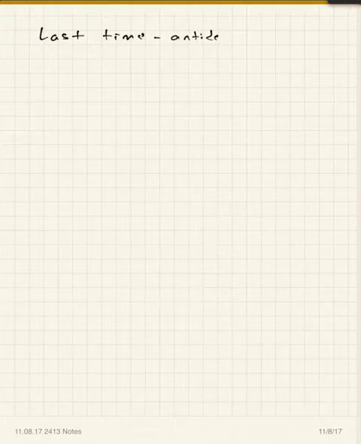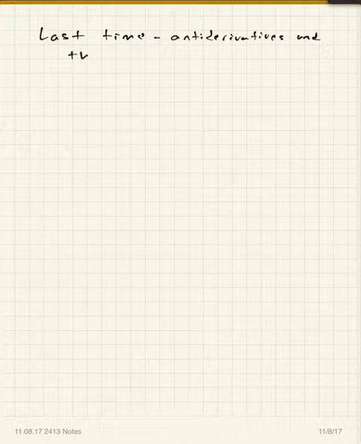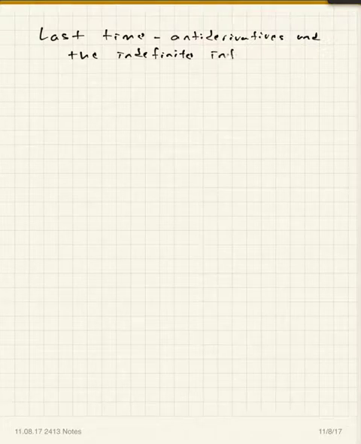First of all, last time, remember, we were talking about antiderivatives and the indefinite integral. Remember that the indefinite integral, the notation for that looks like this.